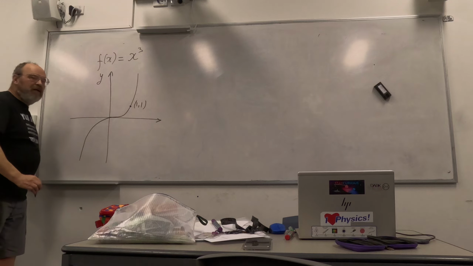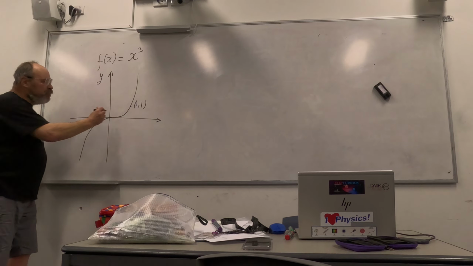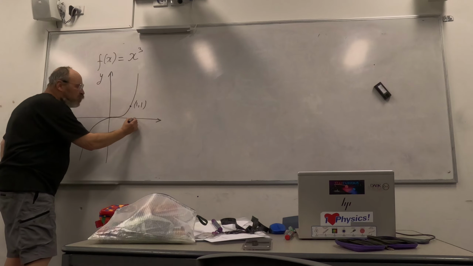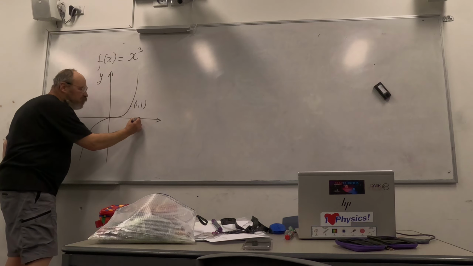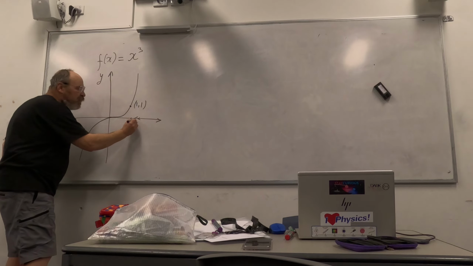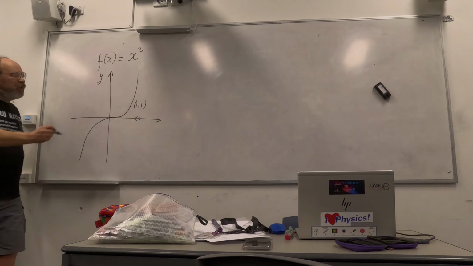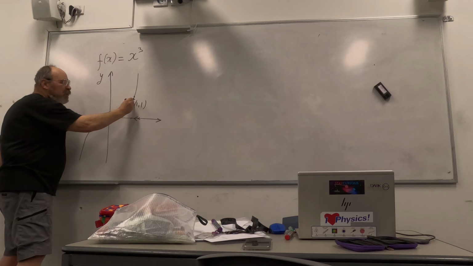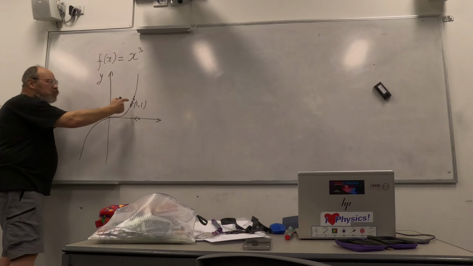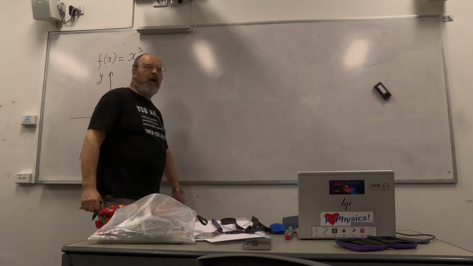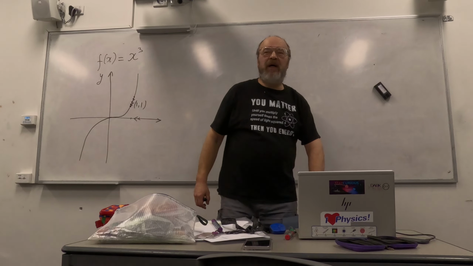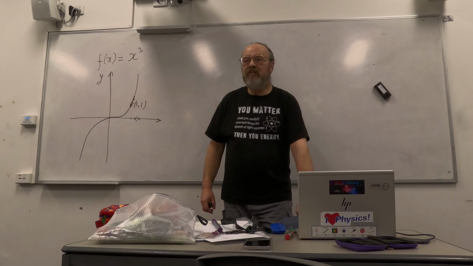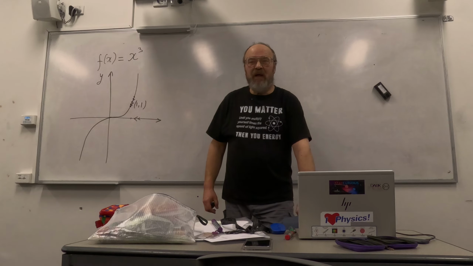If x approaches 1, so we come in from this side, closer and closer to 1, we're moving on this graph closer to this point. So when x is approaching 1, what value of y will be approaching? 1. Does it make sense?